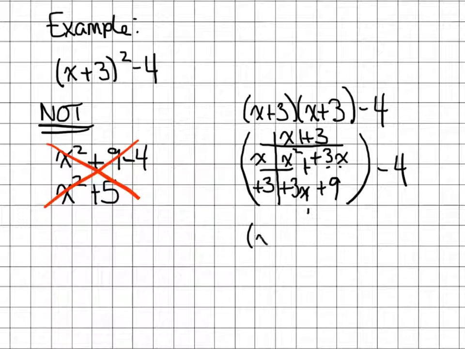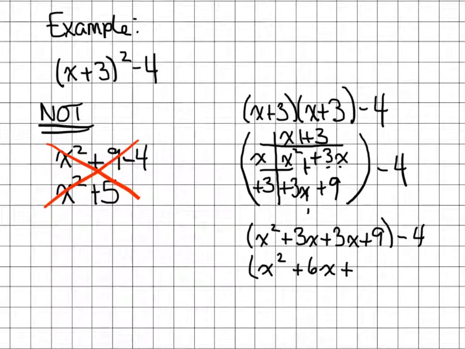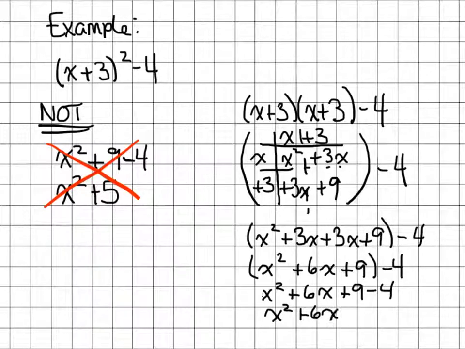And I have x squared plus 3x plus 3x plus 9 minus 4. BEDMAS rules, I must take care of everything in the brackets first. So x squared plus 6x plus 9. All right, that's as simplified as it's going to get. So x squared plus 6x plus 9 minus 4, and I don't need this set of brackets. So that gives me x squared plus 6x plus 5.